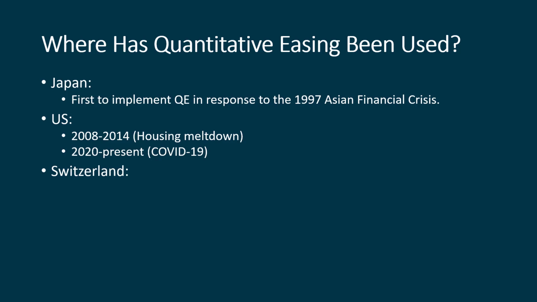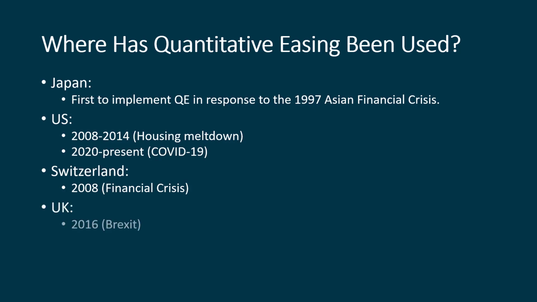Then in Switzerland, now you think of Switzerland, not only skiing and being neutral, and the Swiss franc is usually considered to be a really good currency, their whole secret banking system and everything that they have. They also had to respond to the 2008 financial crisis by implementing QE. They had to do this also. Most major countries had to have some kind of QE implemented as a response to the housing meltdown in 2008.